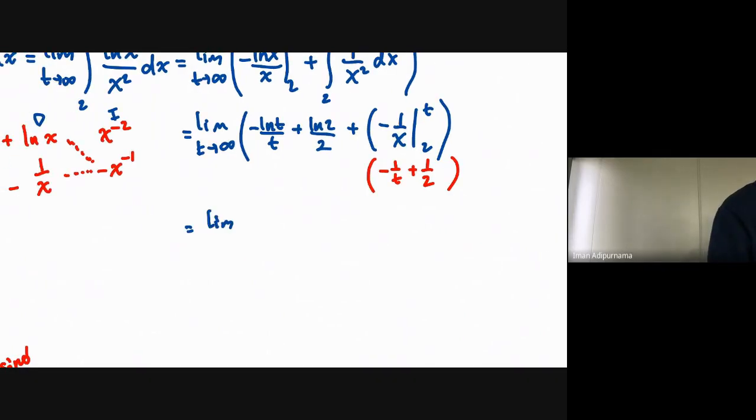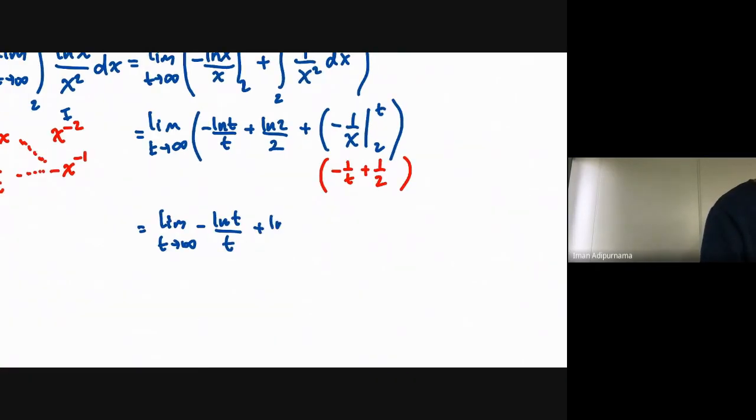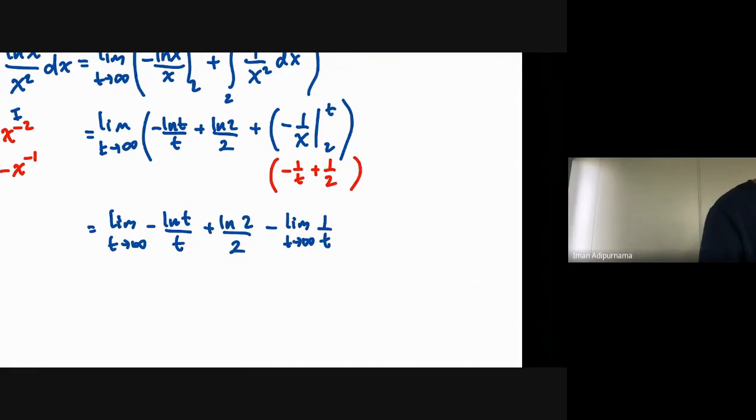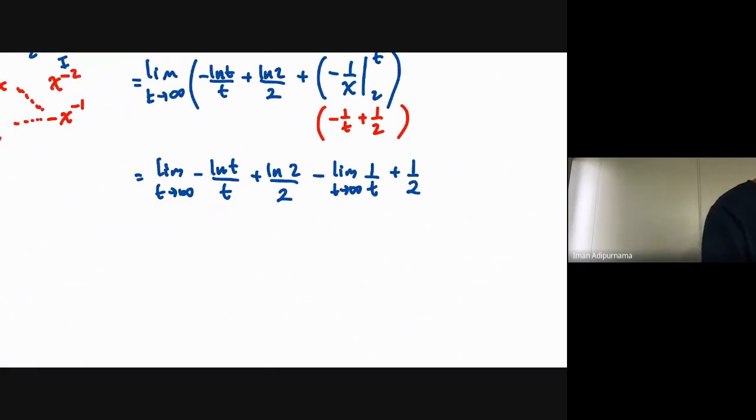So by the end, you get, let me write this. You can solve this by L'Hopital rule.